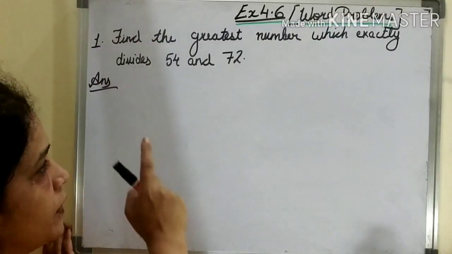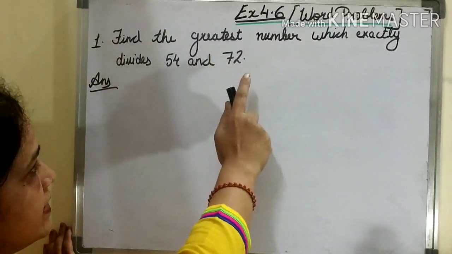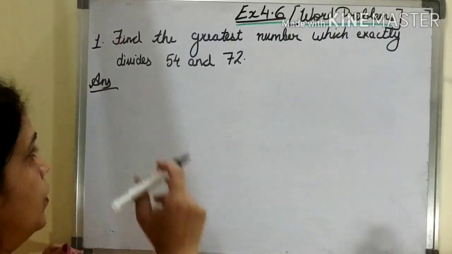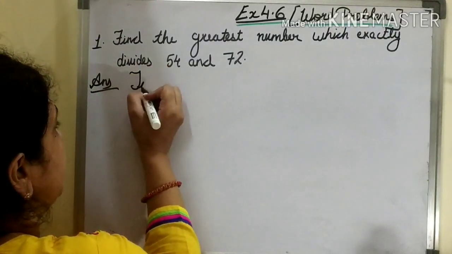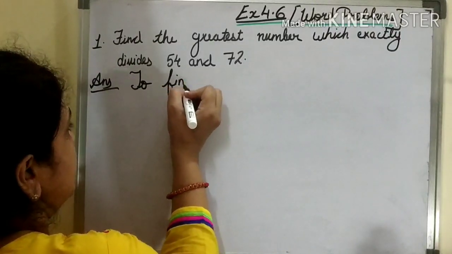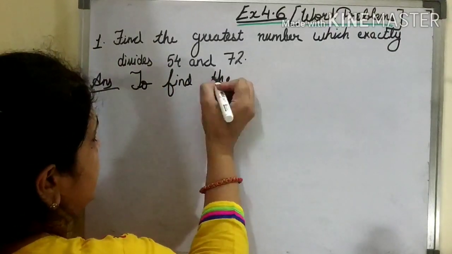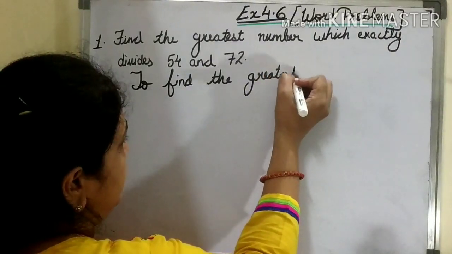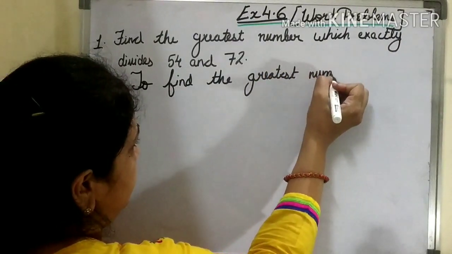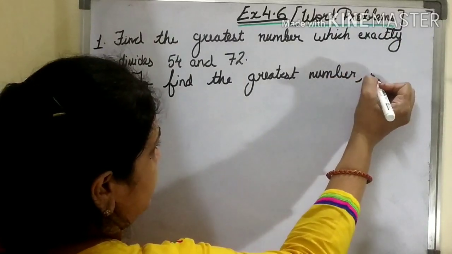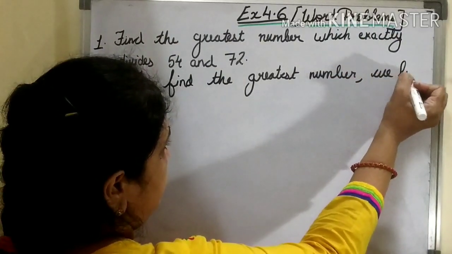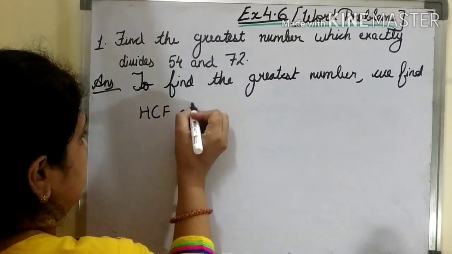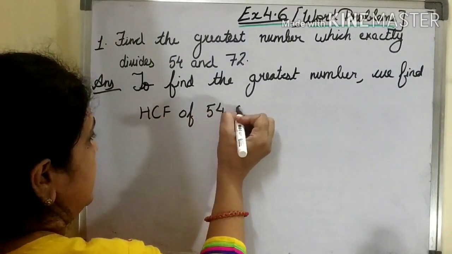Now read the word problem again. Find the greatest number which exactly divides 54 and 72. Okay, so we will write in this way. Whenever we have to find the greatest number, we find the HCF of 54 and 72.